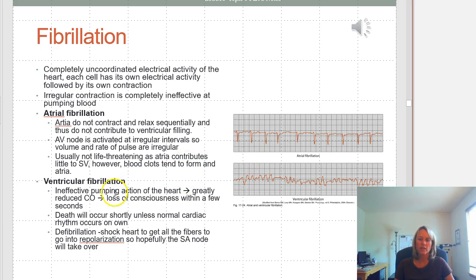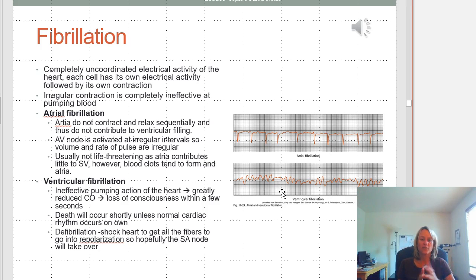We have completely ineffective pumping action of the heart. This is greatly going to reduce the cardiac output, so we're not going to get enough blood to vital organs. We may not get enough blood through the coronary arteries, and that can result in a heart attack. If we're not getting enough blood to the brain, it can result in a loss of consciousness.